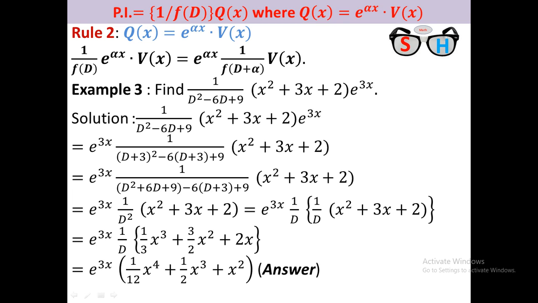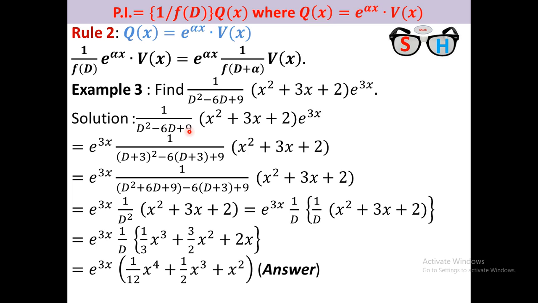Actually, I solved this problem in a general way. I advise you to solve it another way. You see that D square minus 6D plus 9 you can write as D minus 3 whole square. Then when you take e to the 3x in front of the operator, you replace D by D plus 3. What is this?